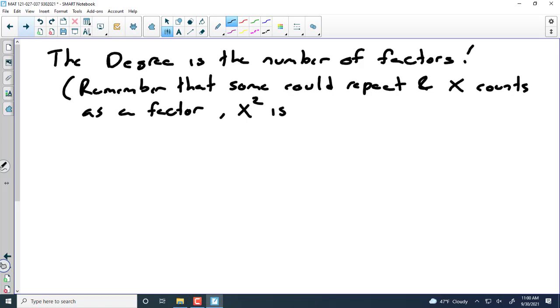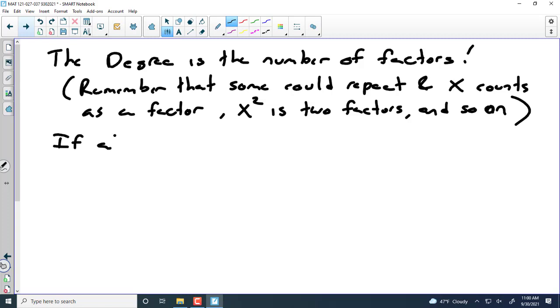X squared is 2 factors, and so on. So absolutely, the degree should be the same as your number of factors. We just have to remember that every now and then factors repeat, and just an x by itself is also a factor. And x squared is 2 factors. X cubed is 3 factors. So the degree is the number of factors every time.